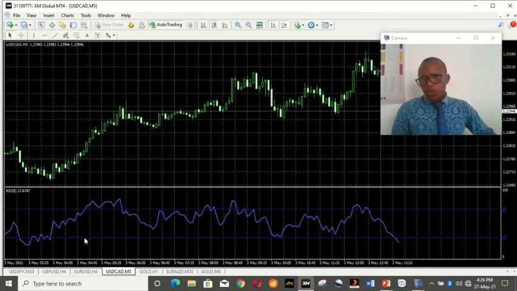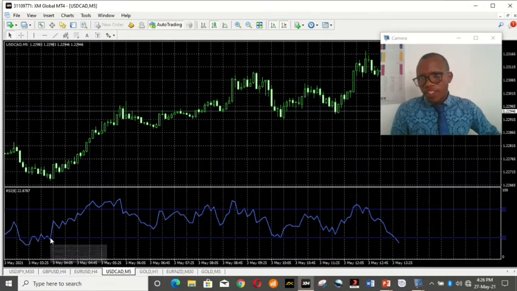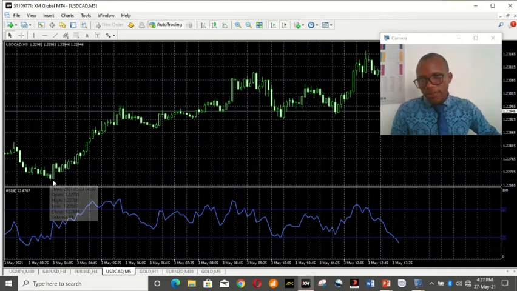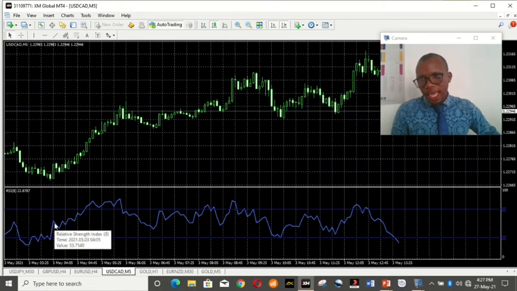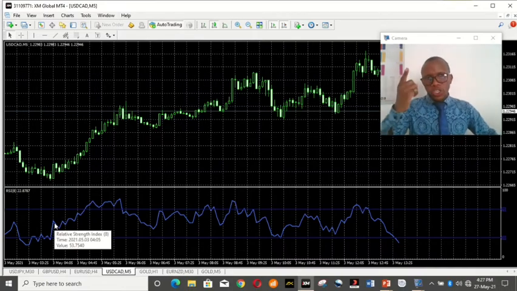Here, you see, the speed of the RSI is high. You see it by this engulfing bullish candlestick. The speed is high. It means the trend is strictly bullish because the speed of the RSI is higher.